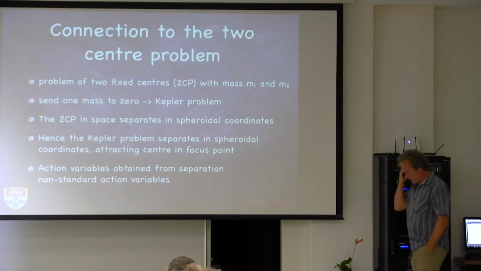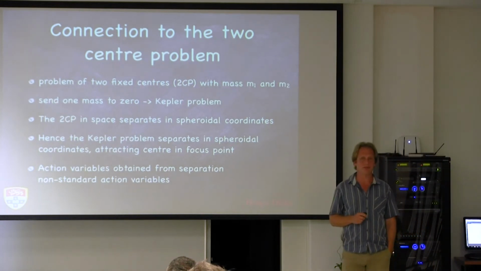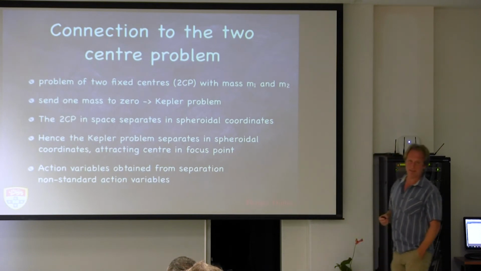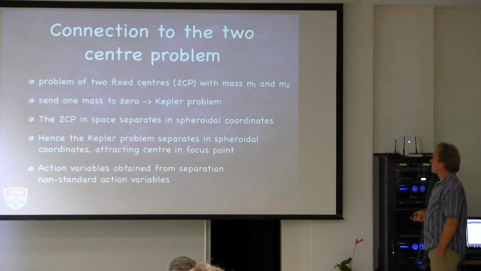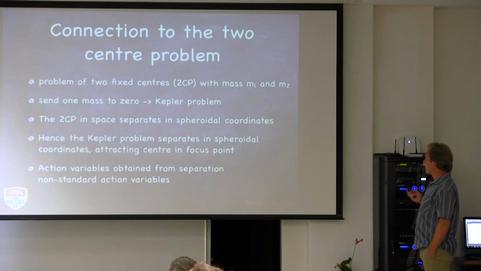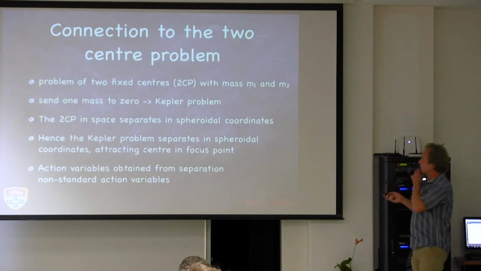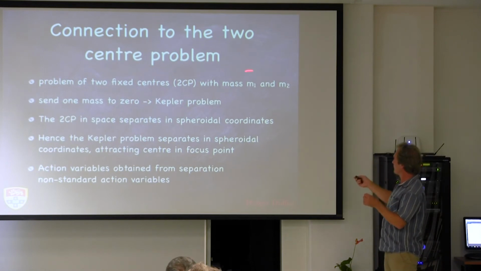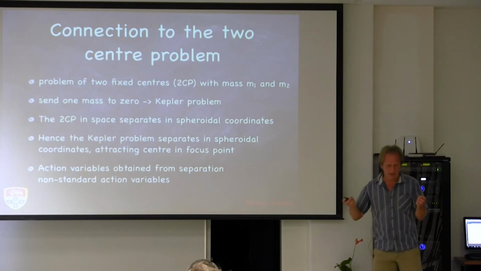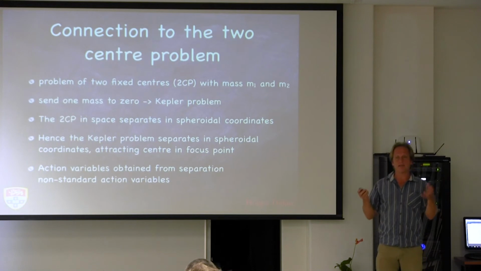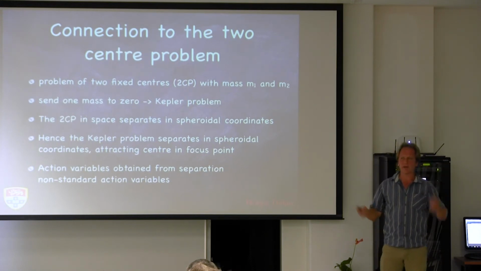So, connection to the two-center problem. This is in fact how we arrived at this, by accident. We were looking at the scattering problem and the two-center problem, and we realized, so what's the two-center problem? Two fixed centers with masses m1 and m2, and each one has its gravitational potential, and you put a test particle in that field.